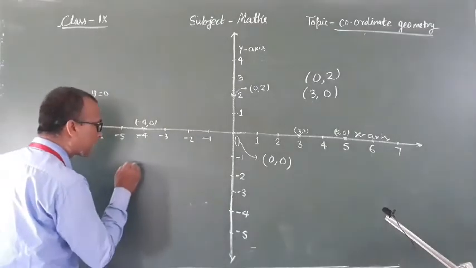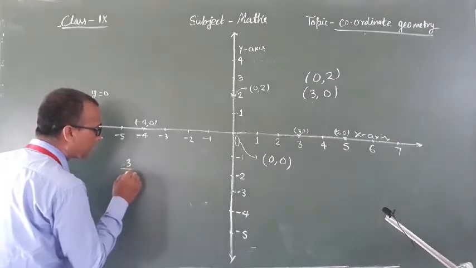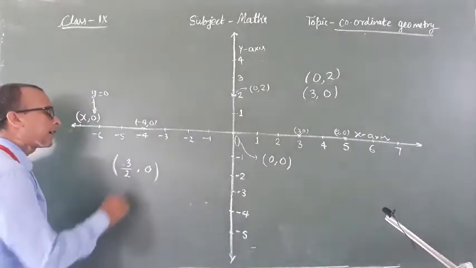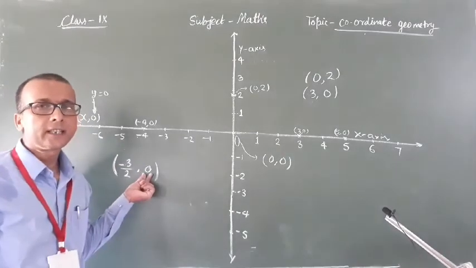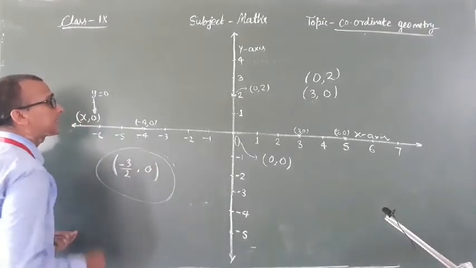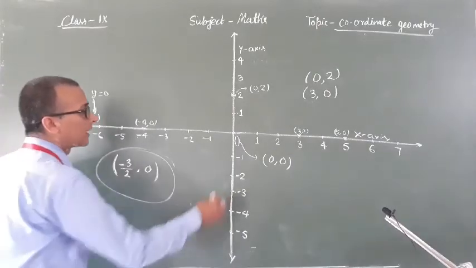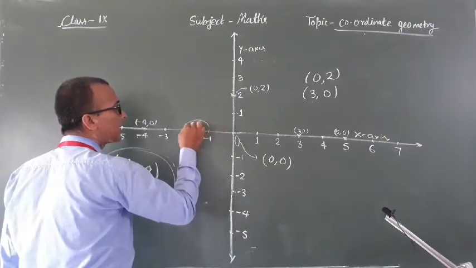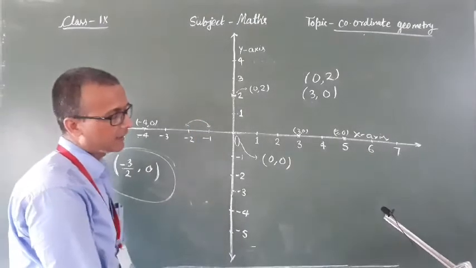Suppose we have to locate (-3/2, 0). Where will it be located? Since the value of y is 0, it will be on the x-axis, and the position of -3/2 on the x-axis will be between -2 and -1. And how will you represent it?